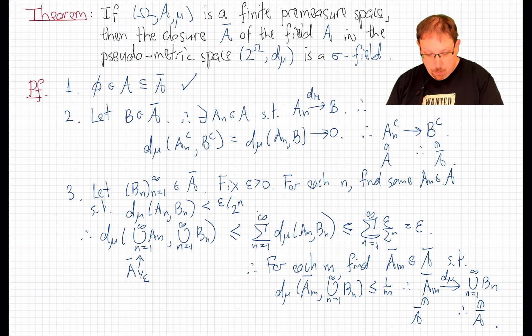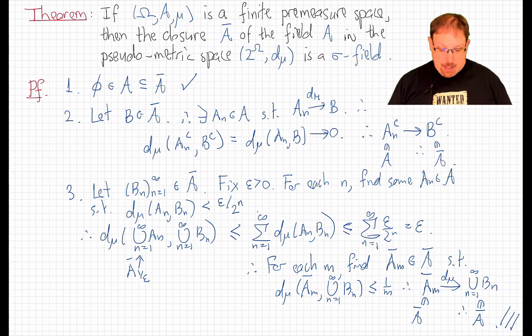And that's what we wanted to show, that the union is back in the closure. That demonstrates finally that this closure is a sigma field. Next time, we will use similar tools to show that the premeasure mu has an extension to this closure, and that that extension is a countably additive measure, proving the extension theorem.